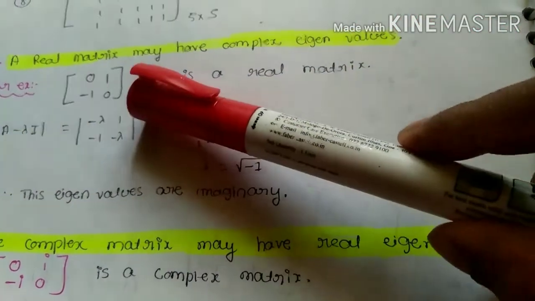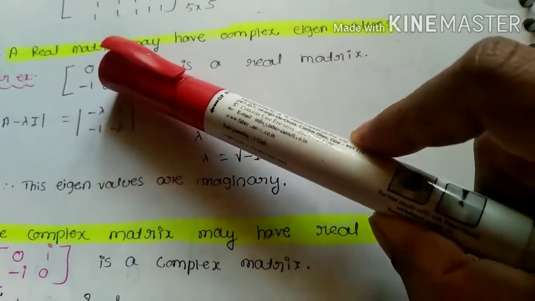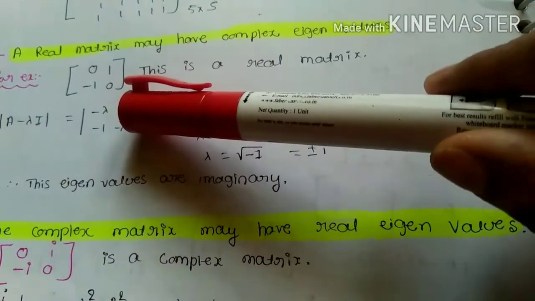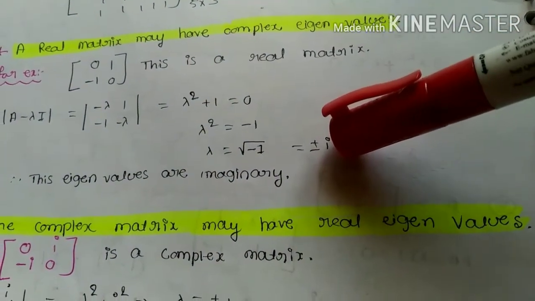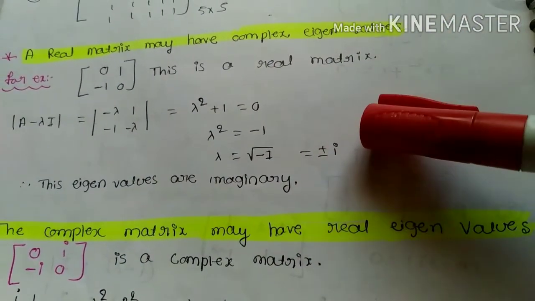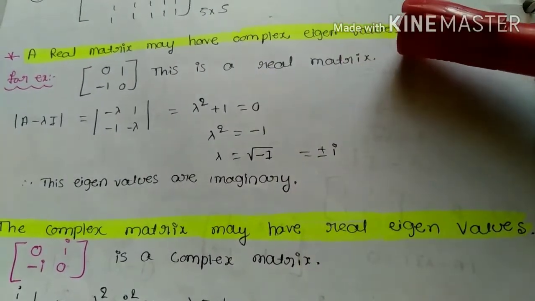For the example of this statement, take 0 1 and -1 0, which is a 2 cross 2 matrix. If you find the eigenvalues of this matrix, you will get your answer as plus or minus i. These are imaginary, so these are complex eigenvalues.